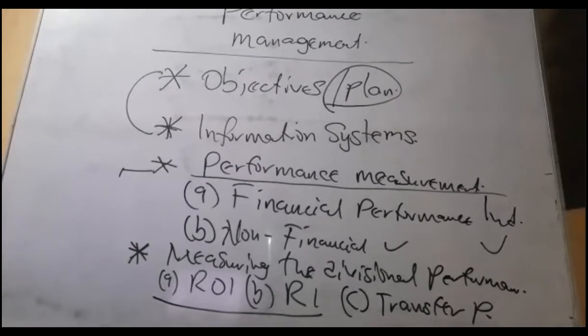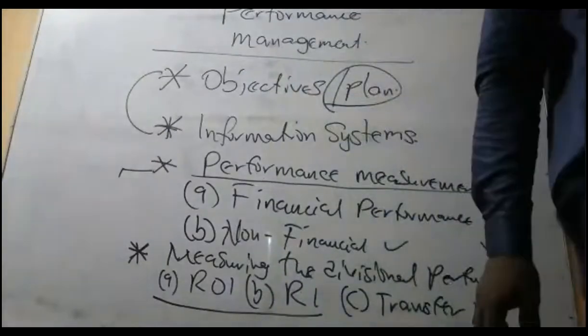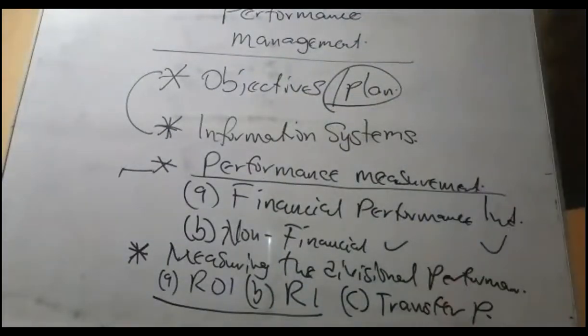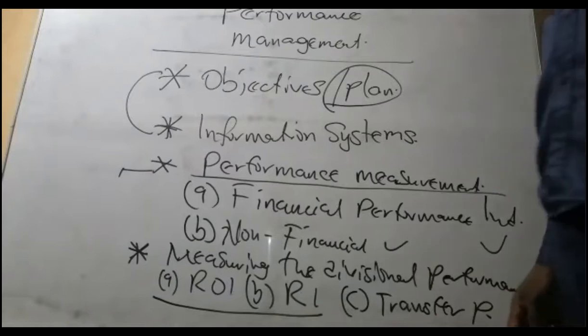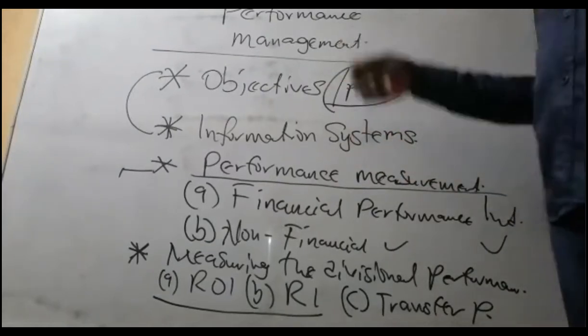The measurement must be what? Fair. Measurement must be fair. Here is a very topical issue. Please, in COVID time, some of the measurements are not fair. The measurement must be what? Fair. Because you can only hold a manager or employee responsible for action that falls within his what?